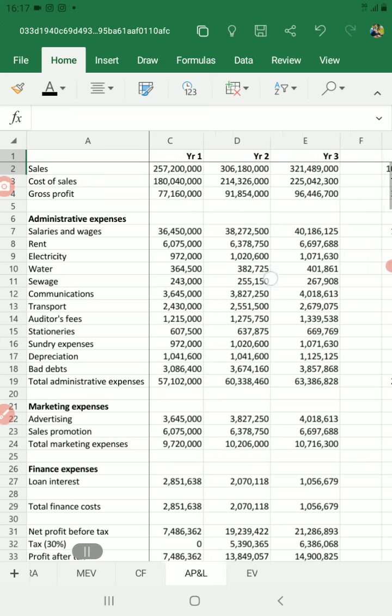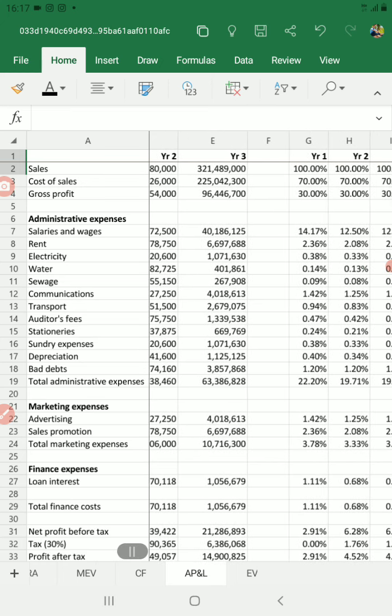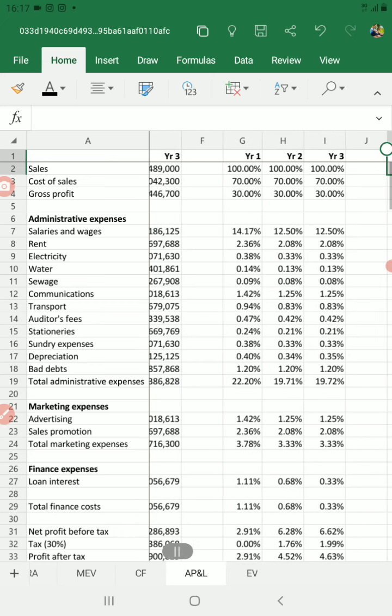For example, in here we are at our annual income statement, and we did conversion of our annual income statement into common size financials using sales as the base figure for conversion. That's why it is 100%, as you can see.